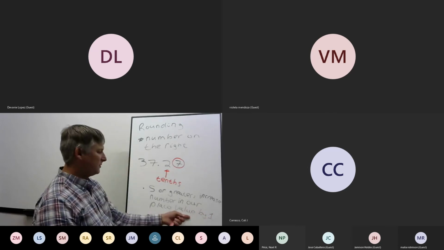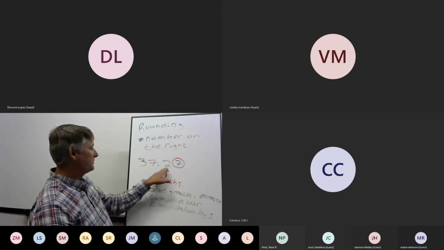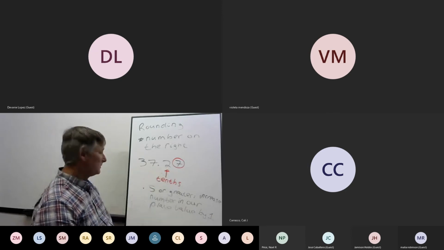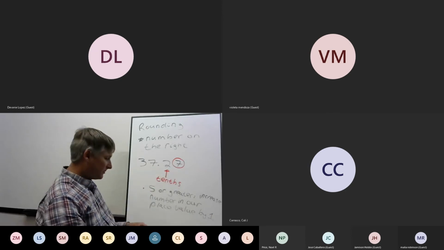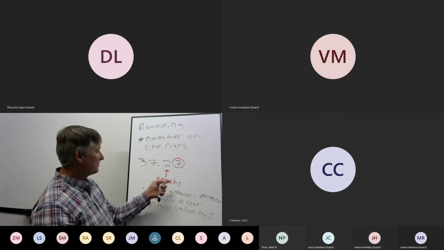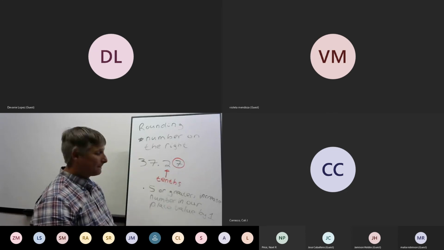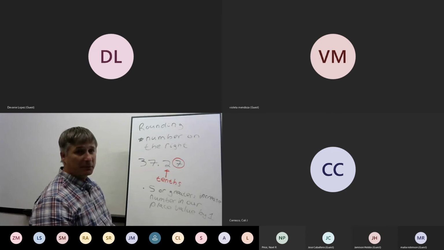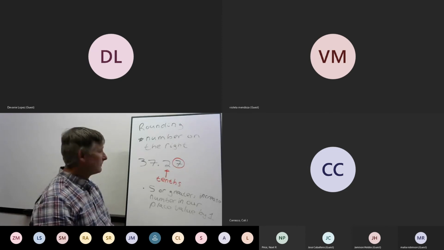What I mean by the place value is the place value we're interested in. In this case, that's the tenths. So we take a look at the number to the right. It's 5 or greater because it's 7.